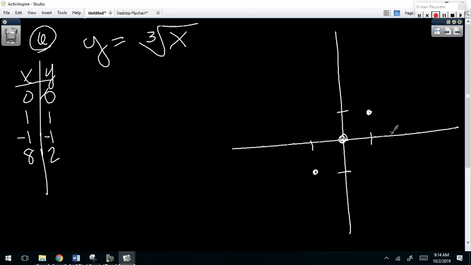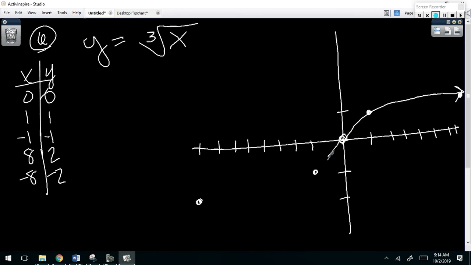So it's going to be like here. You see what I'm saying? What point is that? 8? Yeah. -8 would be -2. So this graph does this, and it looks like it smooths out, but it's still creeping down ever so slightly. Okay, that's a cube root graph.